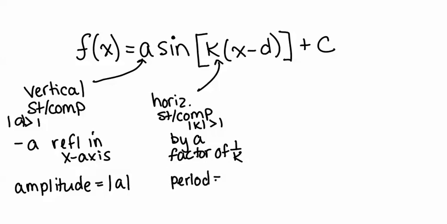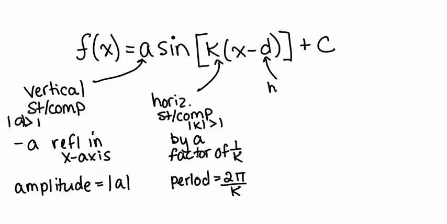Normally the period of our graph is 2 pi, but it's going to get divided by K. So if K was 2, that's a horizontal compression by a factor of half. If you take K of 2 and sub it in, you'll end up with a period of pi, which makes sense because it just shrunk the period in half.